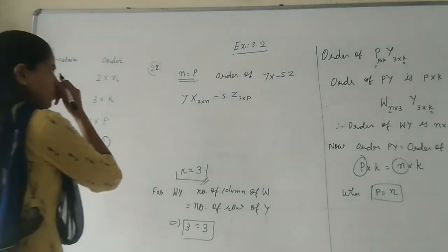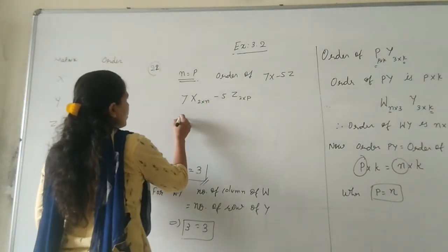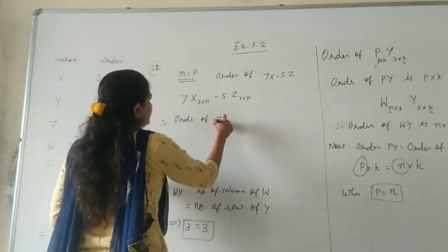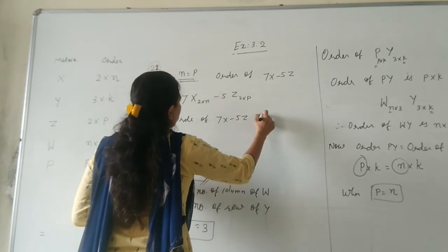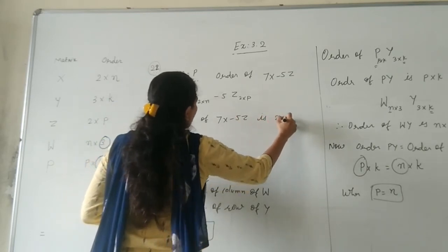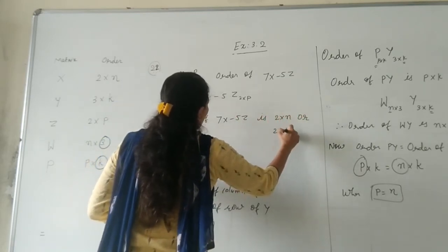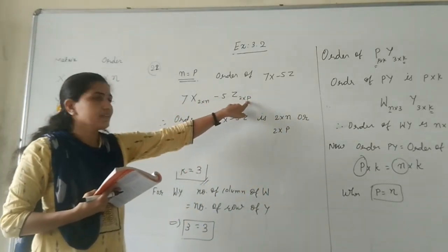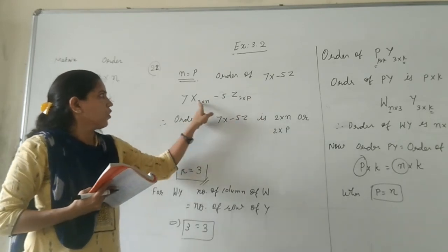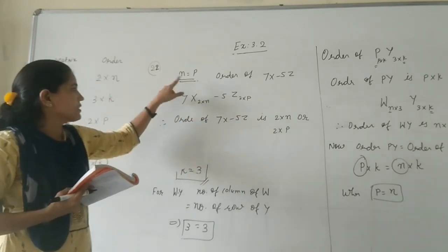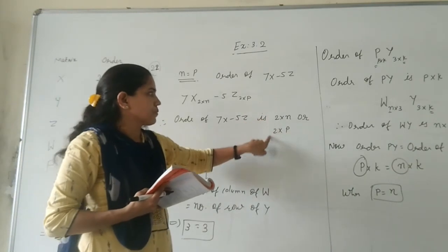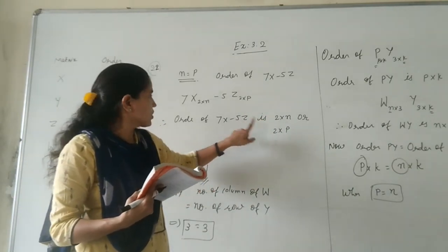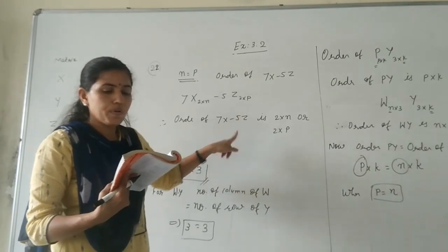So here we have n is equal to p. So the order of 7X minus 5Z you can write down as 2 cross n or 2 cross p because these two are equal. Okay, 2 cross p or 2 cross n because n is equal to p. So if either of them is an answer in the options, you can write it. So this is option number B, 2 by n.